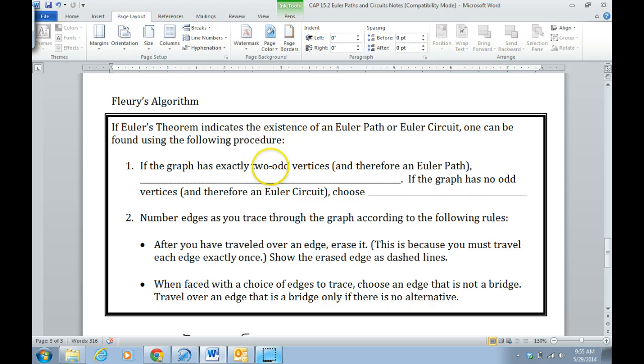Okay, if a graph has exactly 2 odd vertices and therefore an Euler path, choose one of the 2 odd vertices as a starting point.